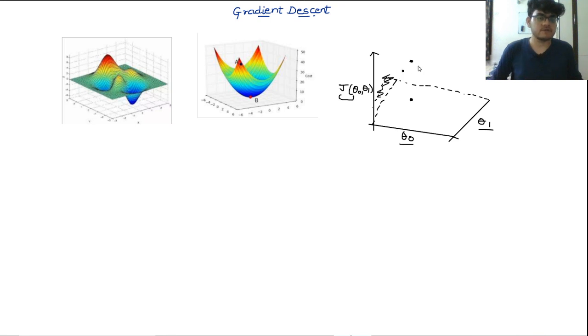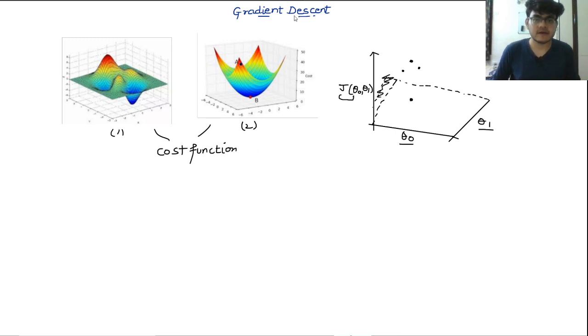When you plot all the points, you will get graphs like this or like this. It can be anything. So what are these? These are graphs of the cost function.